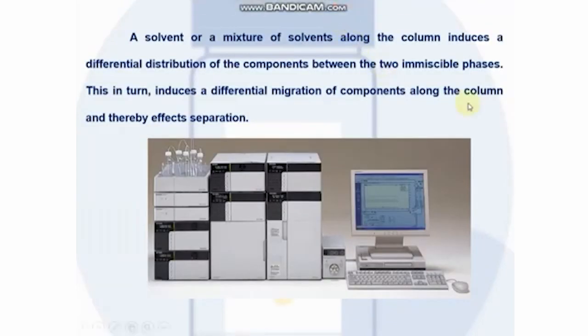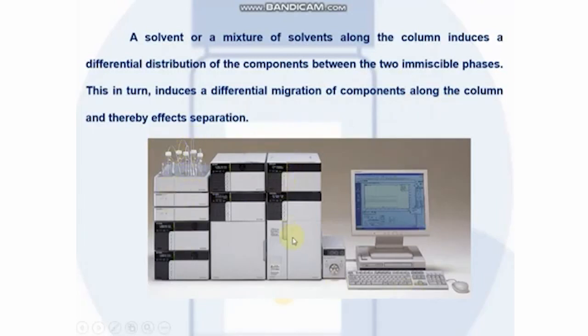In HPLC, a solvent or a mixture of solvents flowing along the column with high pressure induces a differential distribution of components between two immiscible phases. This in turn induces a differential migration of components along the column and thereby affects separation.